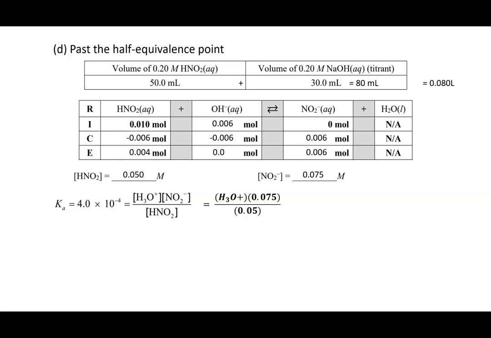I solve for H3O plus, 2.66 times 10 to the minus 4th. I take my negative logarithm. I get 3.57. No surprises here. We're just watching the pH tick higher and higher. Still acidic, still not a big swing in pH.